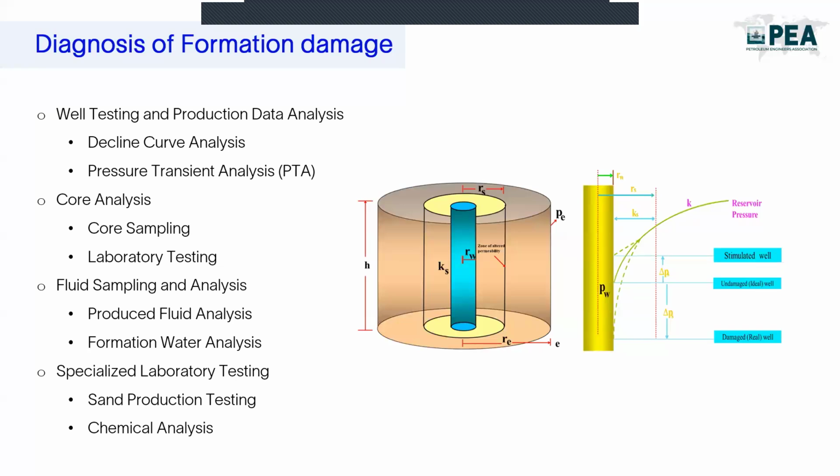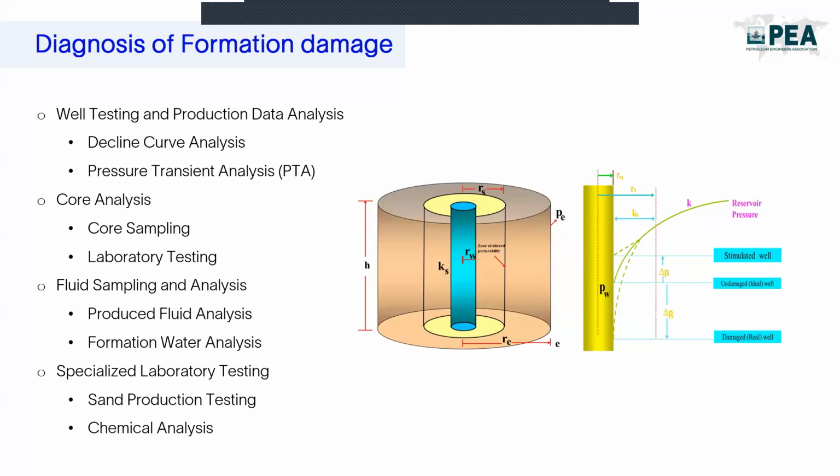So once we have sand production, it gives us a hint that some fines are being migrated, not only sand but also other clay minerals that are moving throughout the pore spaces or pore throats. This helps us understand if there is this kind of damage or not.